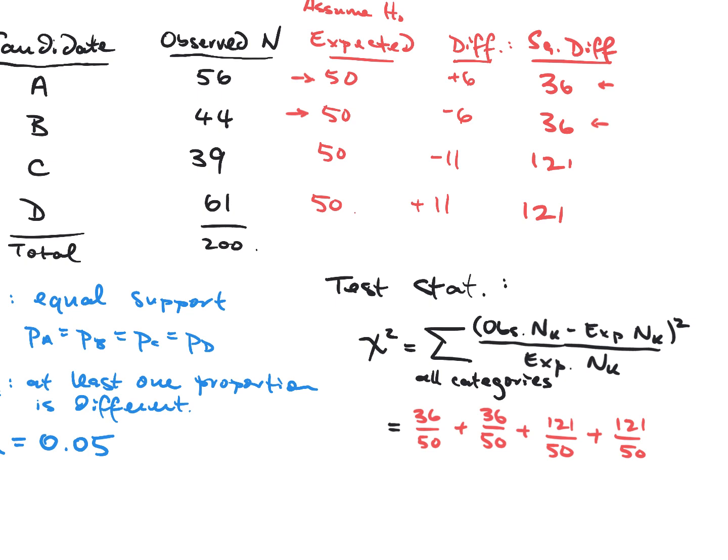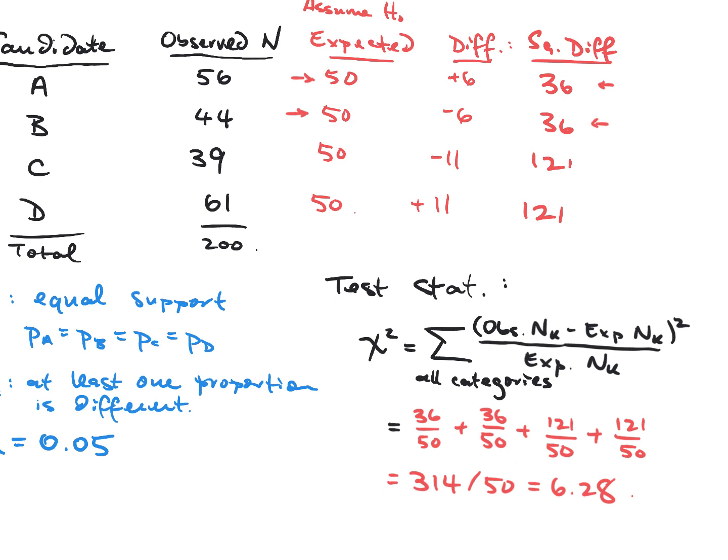So the answer is 314 over 50, that's 6.28, our test statistic.